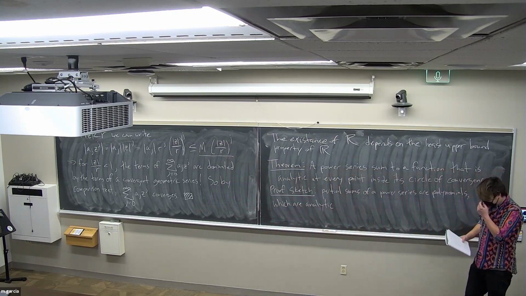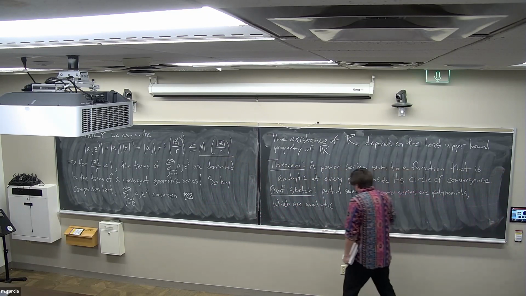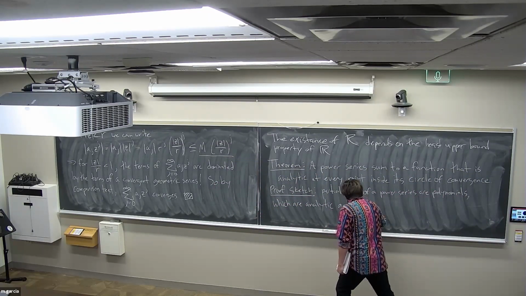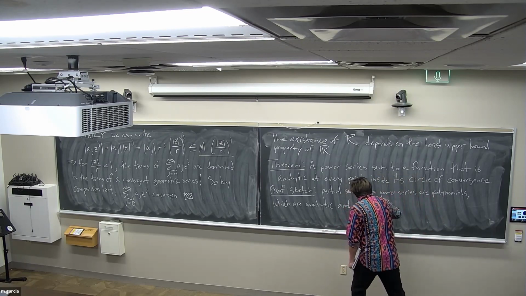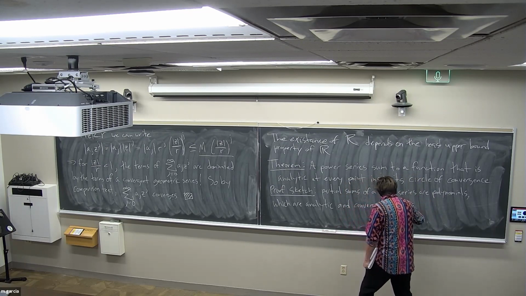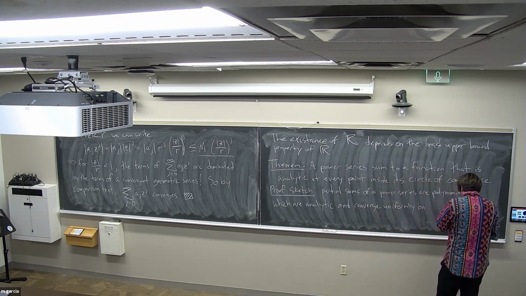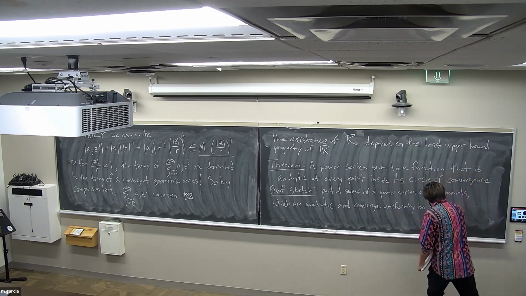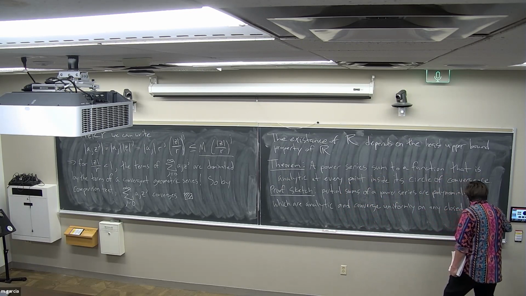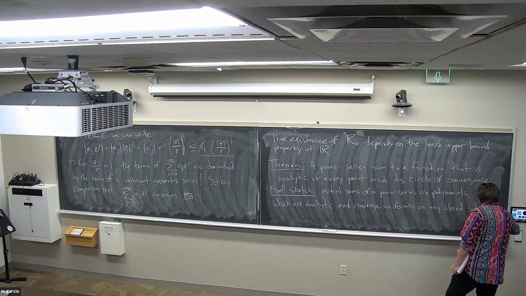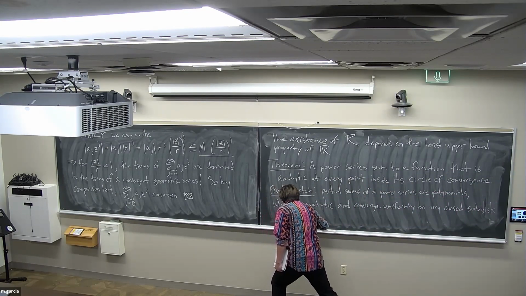First class of functions we examined that were analytic. And these polynomials, which are analytic, converge uniformly on any closed subdisk inside the radius of convergence.